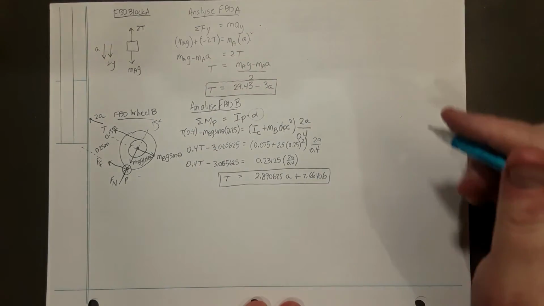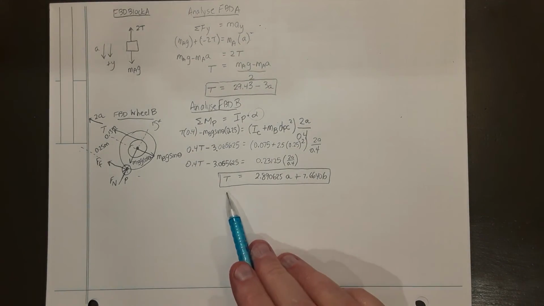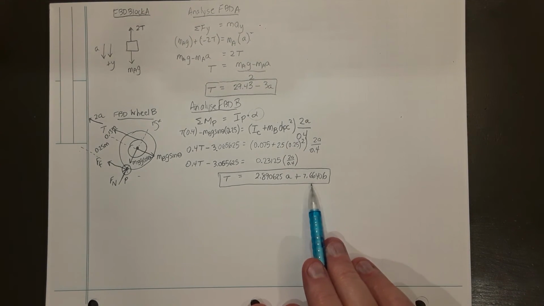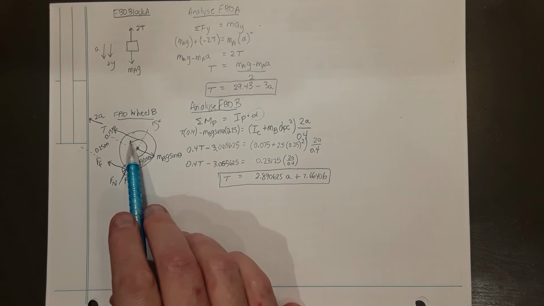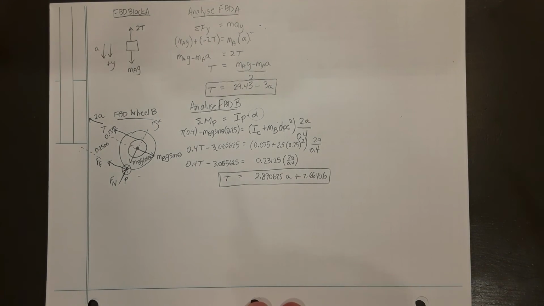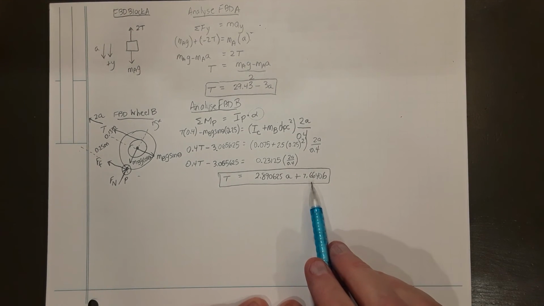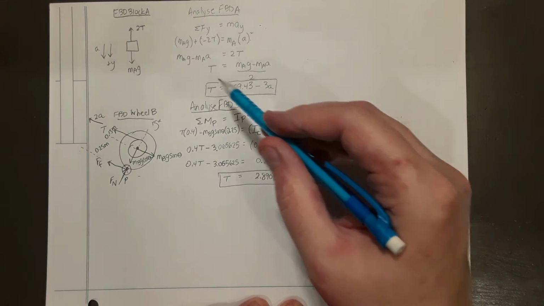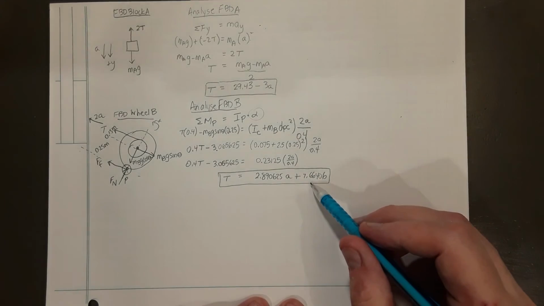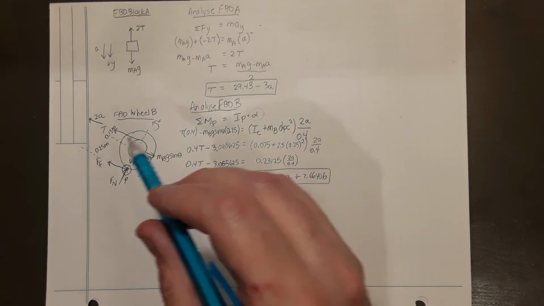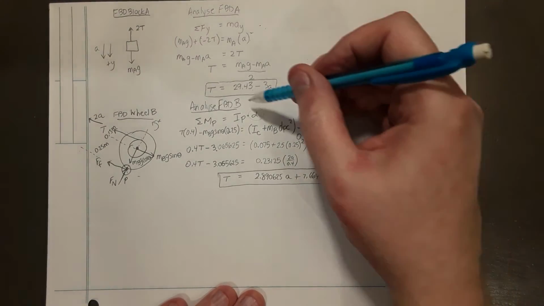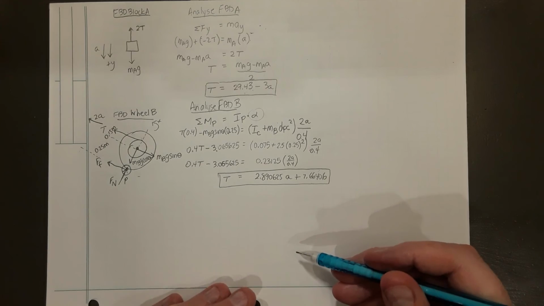But this is now telling us that the tension in the cable is a minimum of 7.6 newtons. It is required to be a minimum of 7.6 newtons to make sure the wheel rolls up the incline. If it wasn't at least this high, the wheel would not roll up the incline. So it can't be more than 29 in order to allow the block to fall, but it has to be more than 7.6 to allow the wheel to roll up the incline. So the tension is going to be between the minimum of 7.6 and a maximum of 29.4.